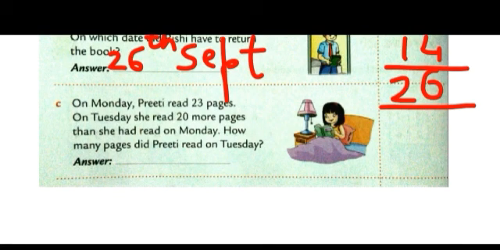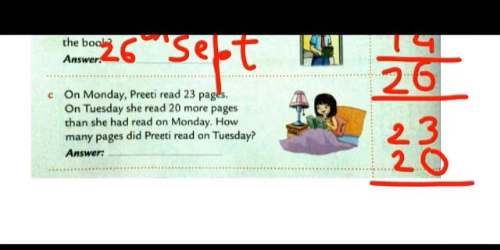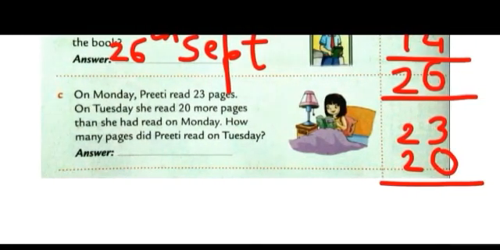Okay, so for that again we need to add. So first we will arrange the numbers. 23 on Monday and 20 pages more on Tuesday. So now let's add them. 3 plus 0. 0 added to any number will give the number itself. That means 3.